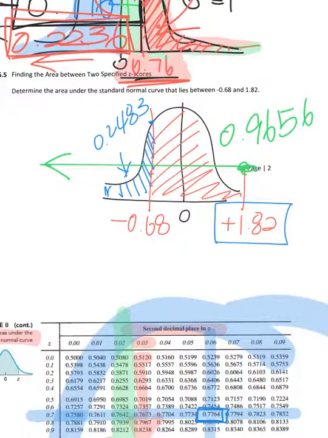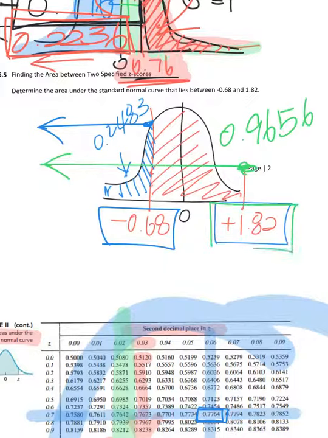Okay, so now we took 2 probabilities. One was less than negative 0.68. And the other one, less than positive 1.82. But where do we need the probability? We need a probability in the middle, right?